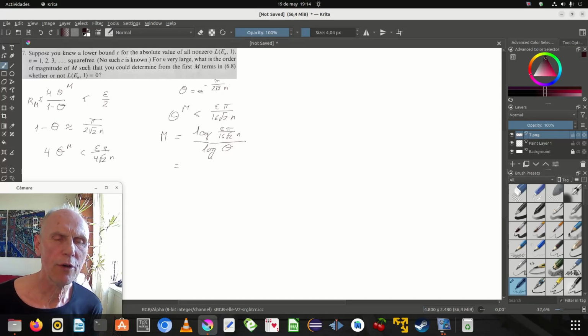So we can actually, so the logarithm is just this. This must be smaller than, this must be negative as well.